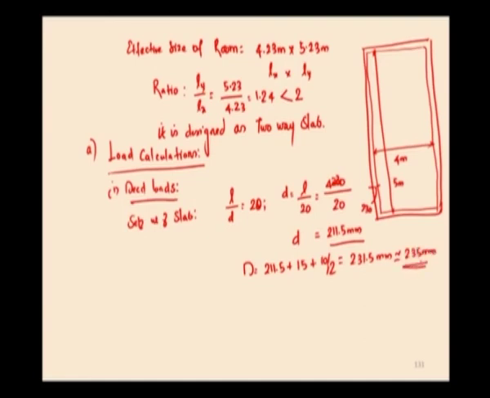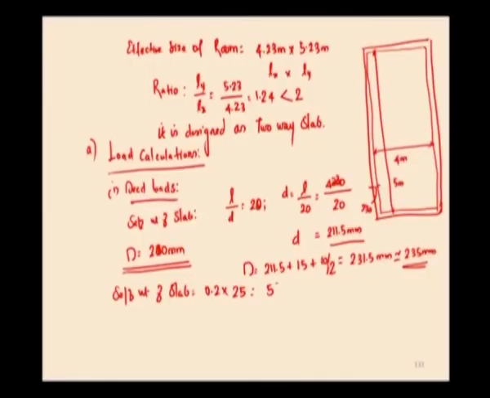But based on my experience, I started using D equal to 200 mm. Finally, we are going to check this depth of the slab against flexure as well as for serviceability, that is under deflection.